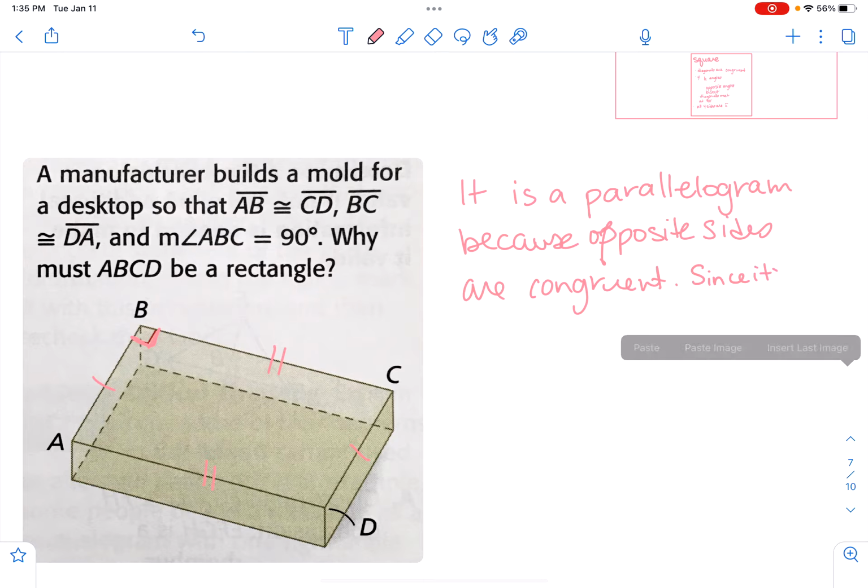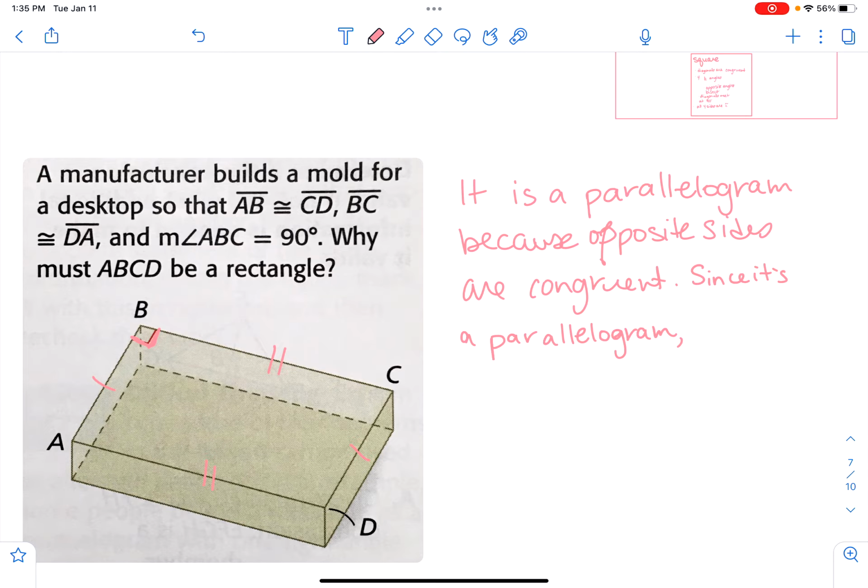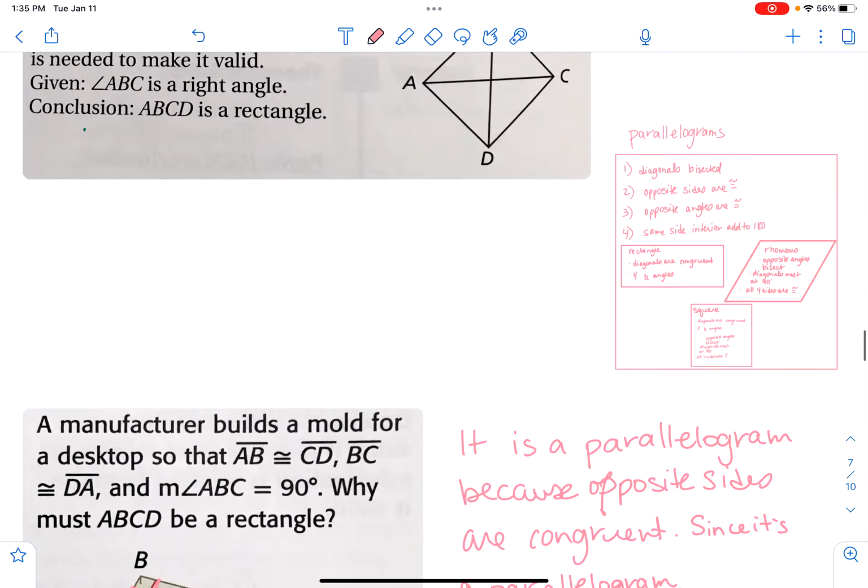we know that opposite angles have to be congruent. That is rule 3 right there.